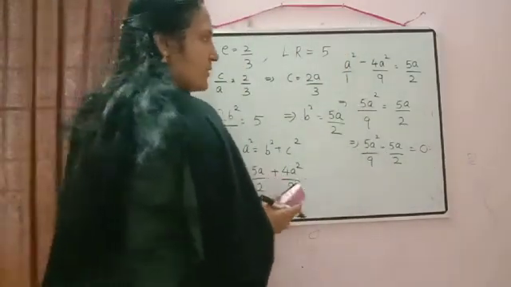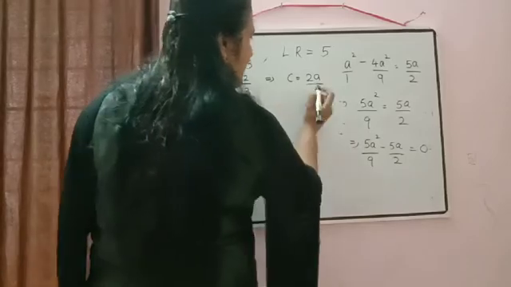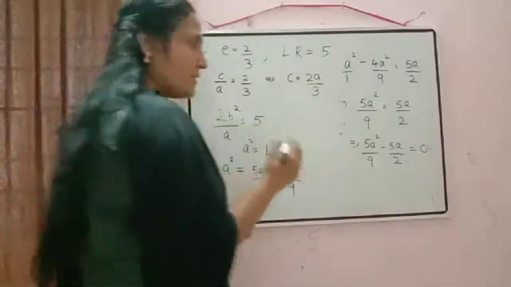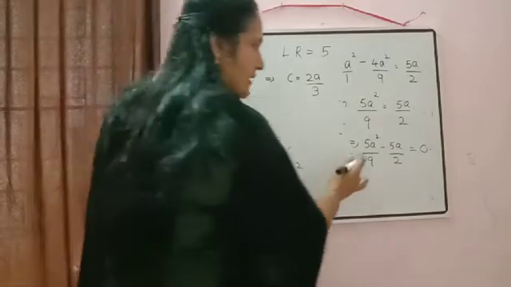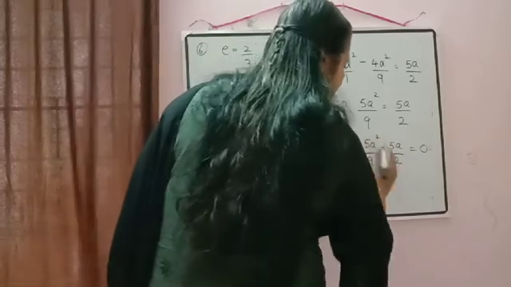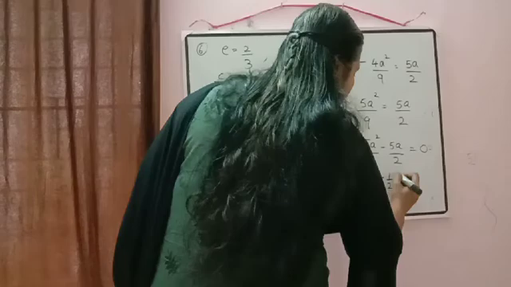Normally what students are doing, they are cancelling there only. In that case, what the problem will come, that if it is a quadratic equation, it should have two solutions there. Okay, so that's why I have taken to left hand side. Any common factor is there? Yes, we have 5a common. Correct. So inside the bracket here, what will remain? A by 9 minus 1 by 2 is equal to 0.